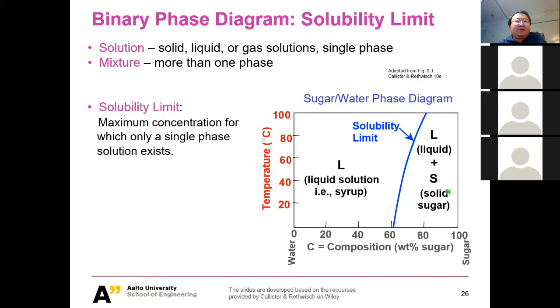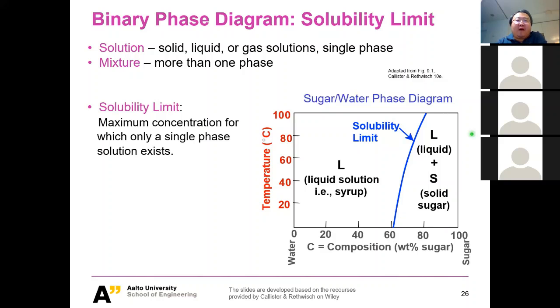If you want to do this at home, you can try it. You will now have two phases, the liquid solution plus the solid sugar. They're clearly two phases. You still don't have a definition yet, but I will give you one in a minute.